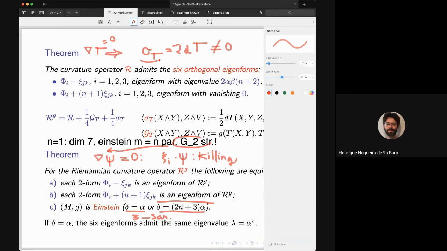I just plugged into the chat a link to this preprint. Basically, what the authors do is summarize what they think is the recent status of the fashion in terms of the Strominger system. The introduction explains how the problem began, and the examples constructed there are Sasakian.